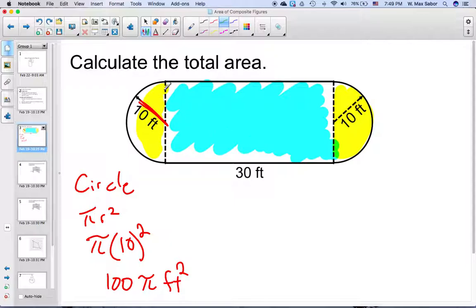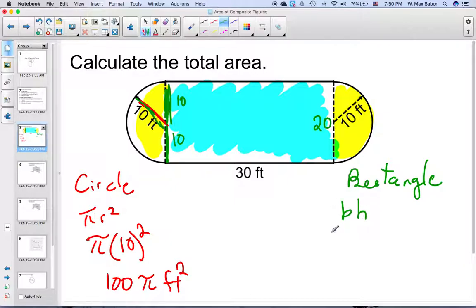And then for the rectangle, we need to find the height. Because that's the radius, we can say that this is also 10, that's also 10. So overall, the height of this rectangle is 20. So for the rectangle, we have base times height, which is 20 times 30, or 600 square feet.